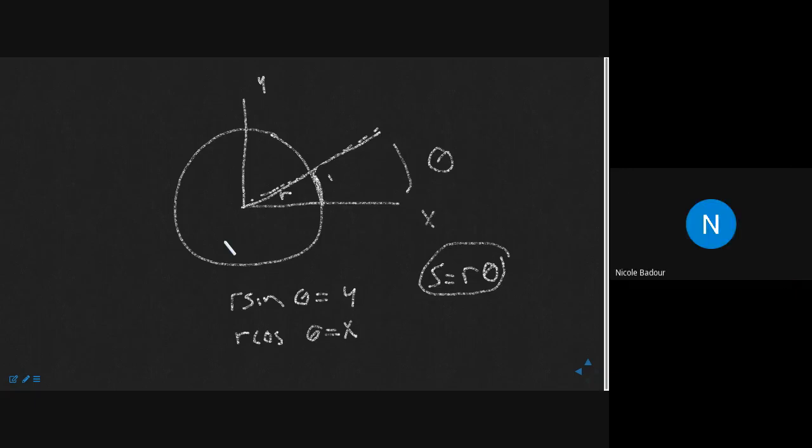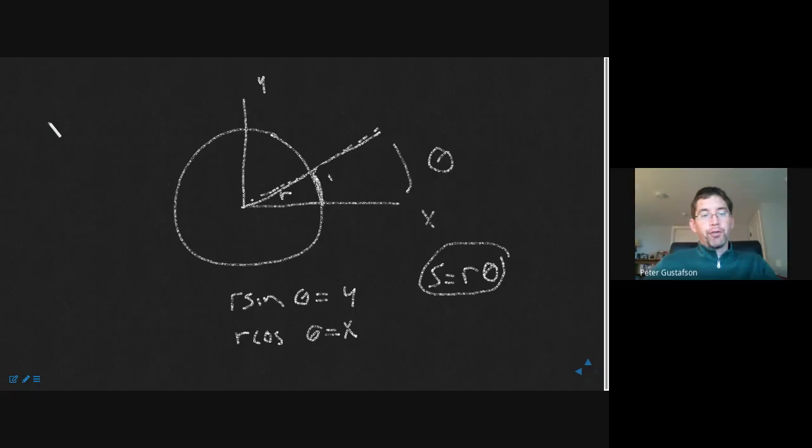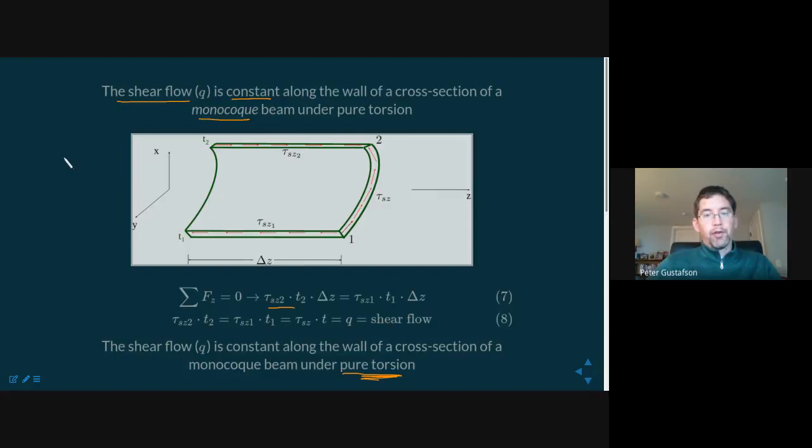So what are you trying to get it in terms of, like, which coordinate system are you trying to get it to? Well, for the purposes of the shear flow, you want it in S. But, well, so let me go back to the equations, make sure I'm on the right presentation here.